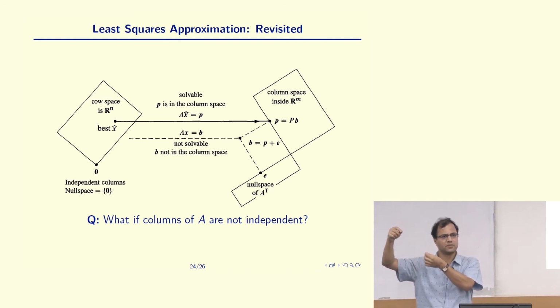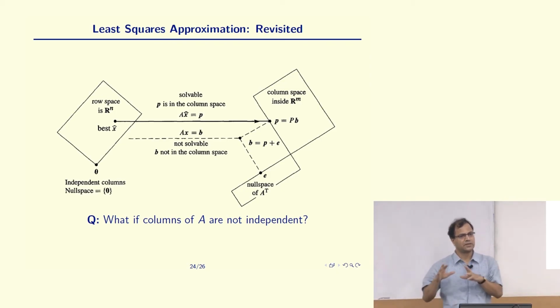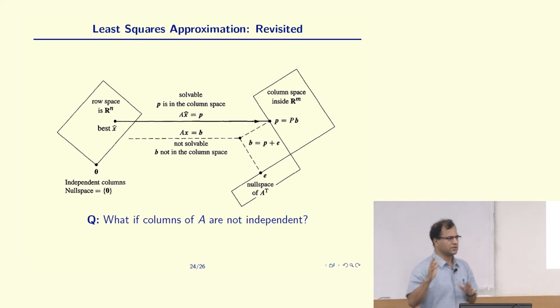You remember that we are projecting into the column space, but there we had to solve a normal set of equations, which was A transpose A times X cap equal to A transpose B. That was a set of m by m equations, so that was a square system.